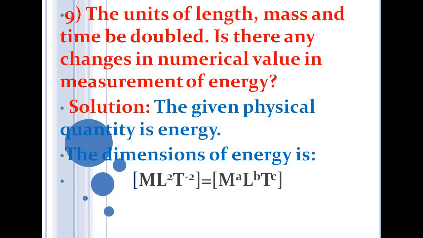So energy has the dimension M¹L²T⁻², that is mass has the dimension 1, length has 2 and minus 2 is the dimension of the time in case of energy.